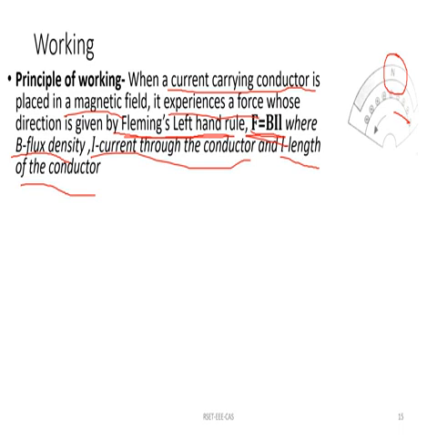Now by applying this Fleming's left hand rule, we will see that on each armature conductor, the direction of force will be acting downwards.